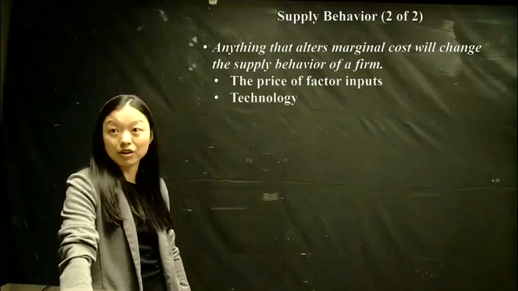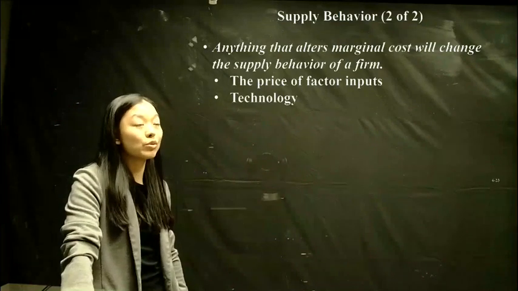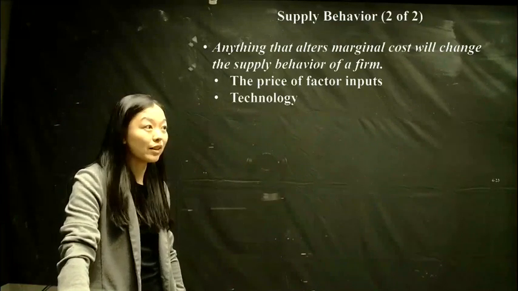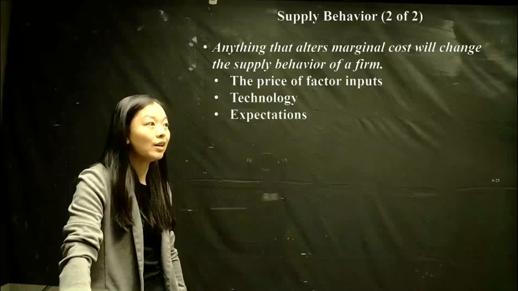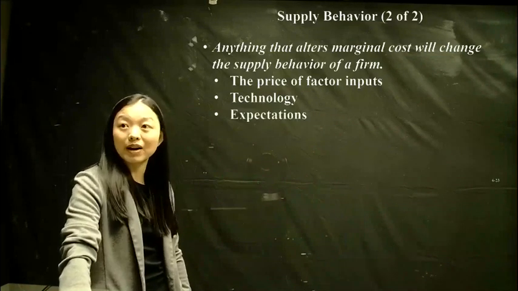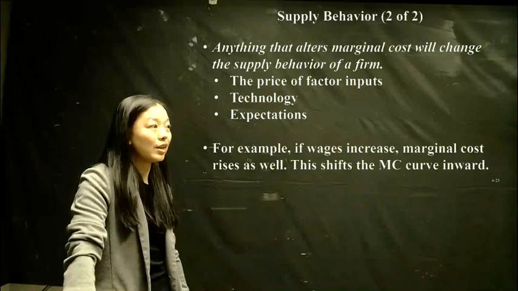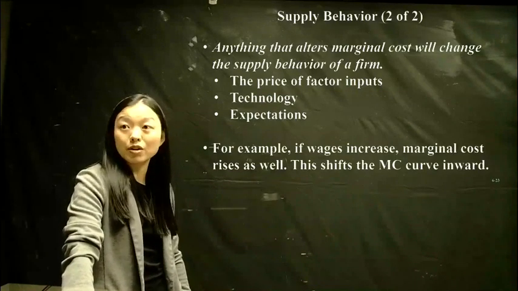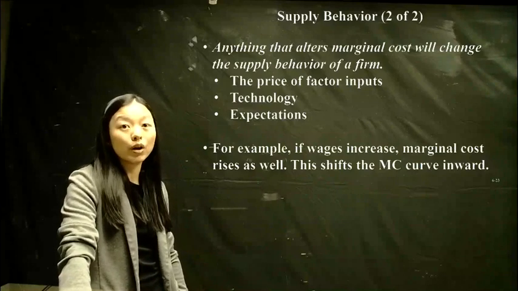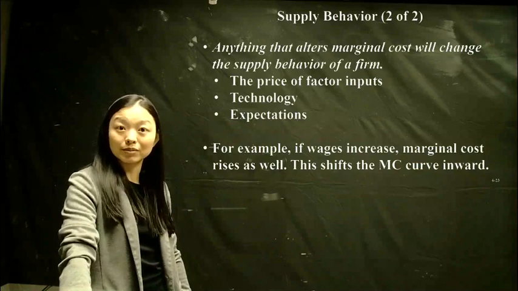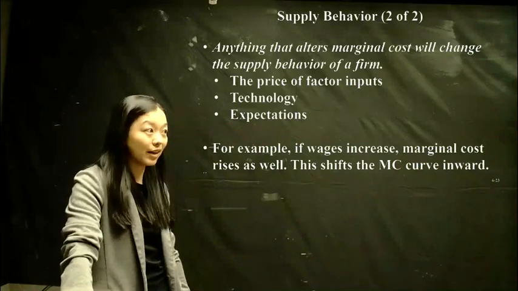Or technology that reduces the cost of production would definitely change the supply behavior, and then the supplier's expectations. For example, if wages increase, then we know the marginal cost will increase as well, which will shift the supply curve of a single firm to the left, right?